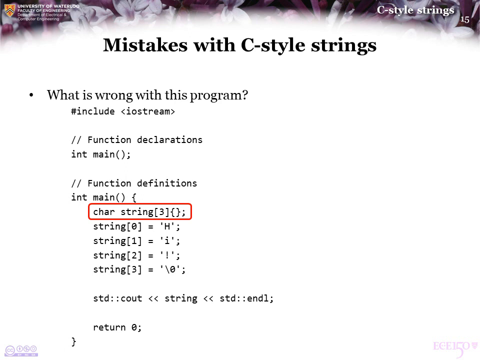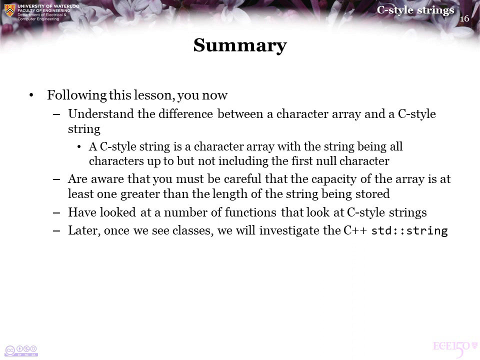Now, go back to our previous discussion on the call stack and ask yourself what may have been overwritten by the call to assigning string 3 to the null character. Following this topic, you now understand the difference between a character array and a C-style string.